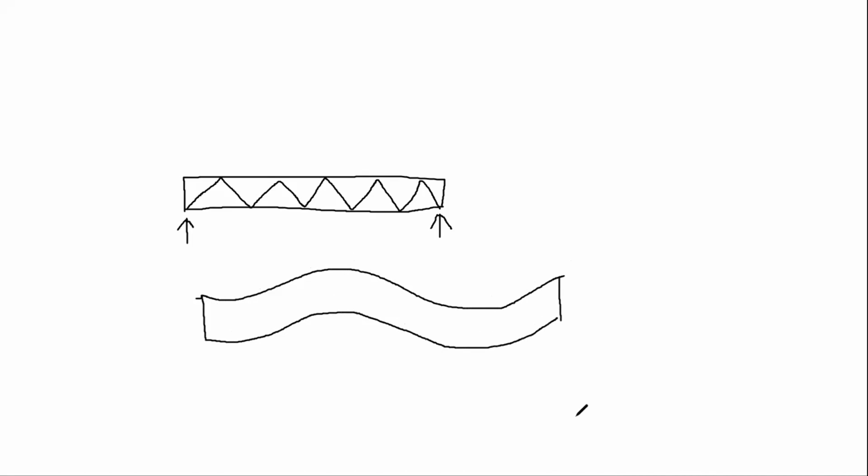That could be a timber beam made out of glue laminated timber. It could actually be a steel beam, or depending on the span, it could be a steel truss. You know, perfectly triangulated.